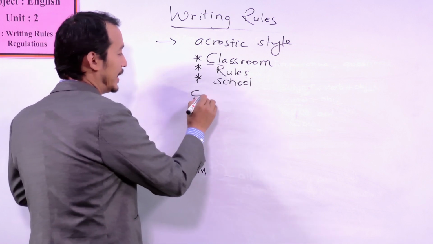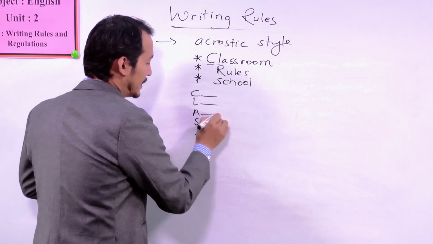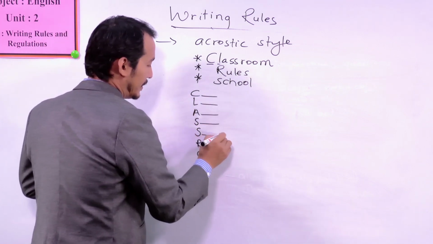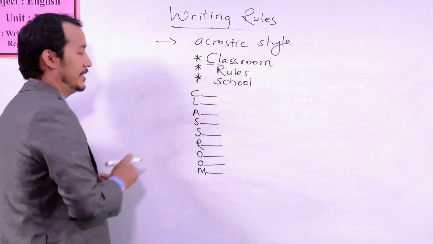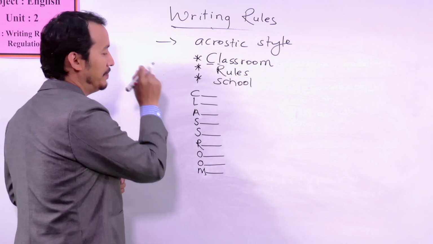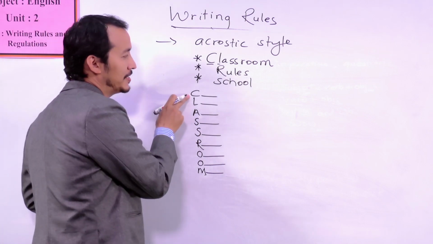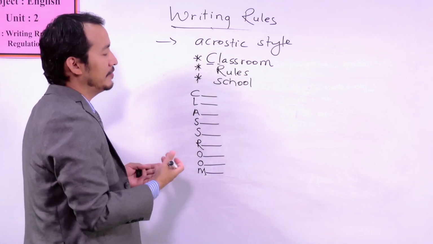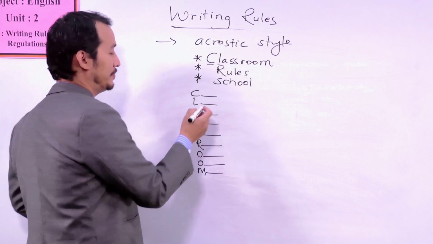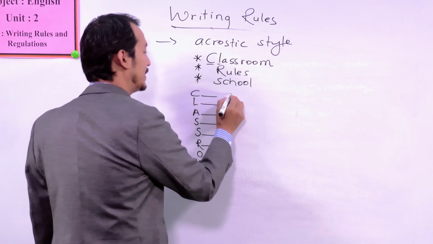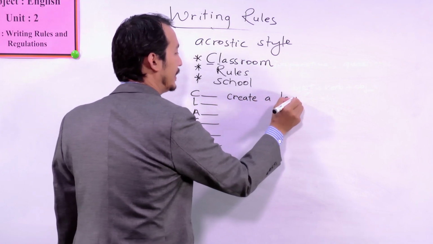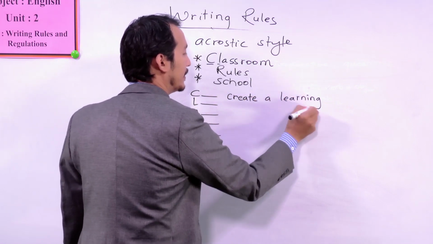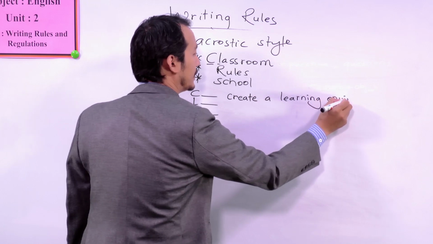So you can now remember or get ideas starting with these letters. Let me give you some examples. From C, you can imagine something related to our classroom. Let's say we can say create a learning environment.